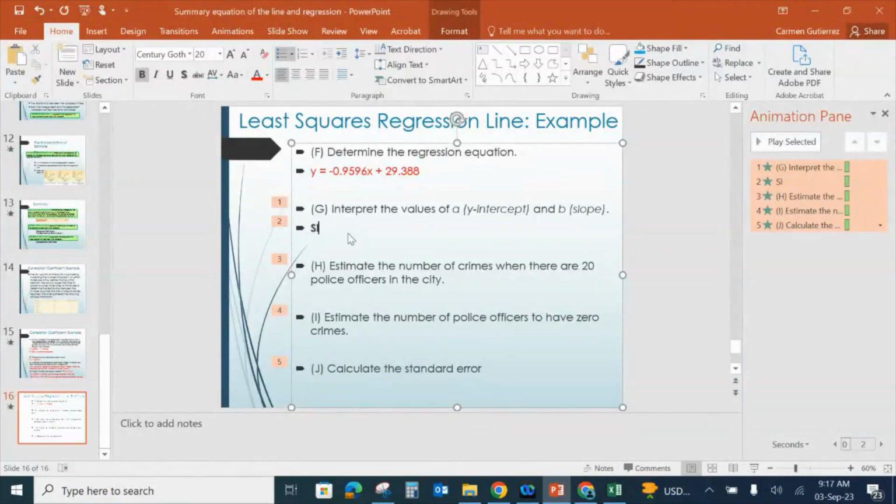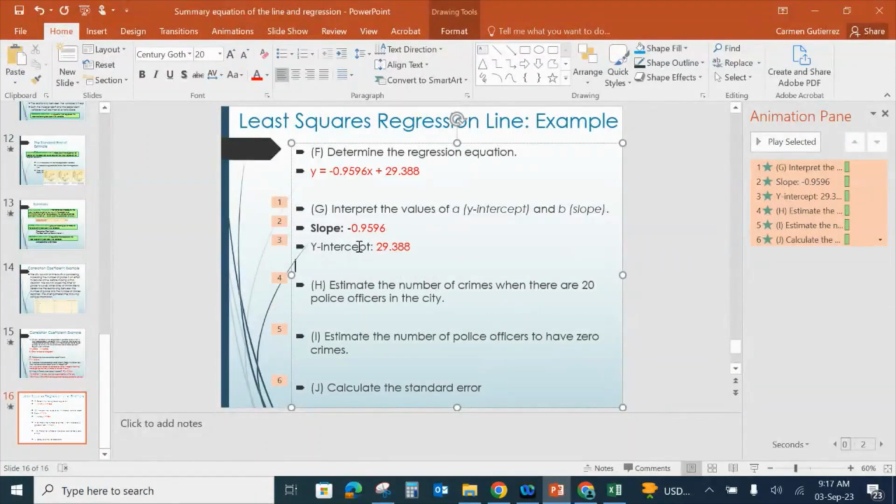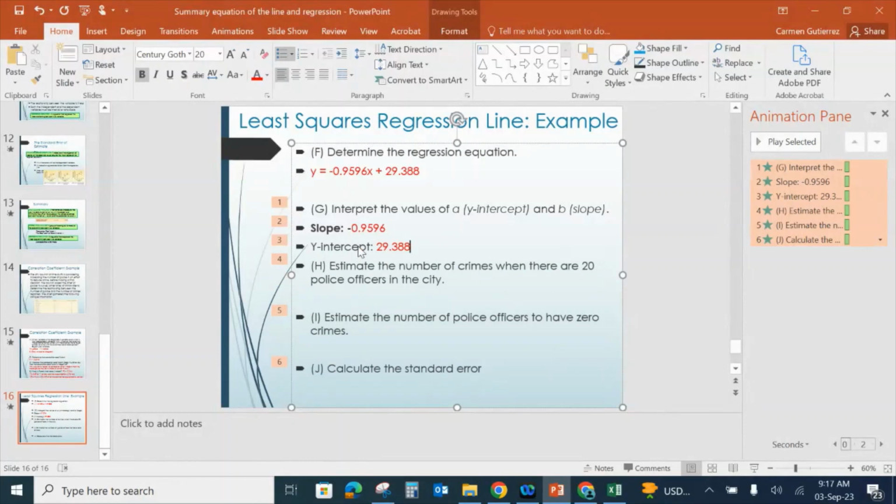Okay, so I'm going to put here slope is this, and it has a negative that I didn't grab, and the y-intercept is a number on its own. You need to know which one is which, otherwise just doing it does not mean that you know which one is which. The slope is negative, and I have written it in red, so let me put it in red.